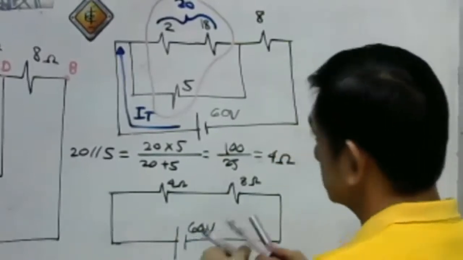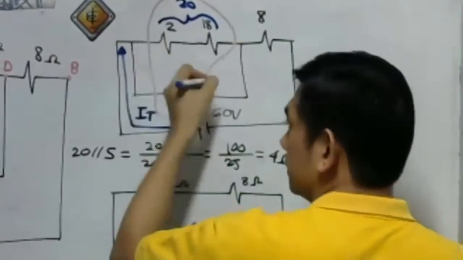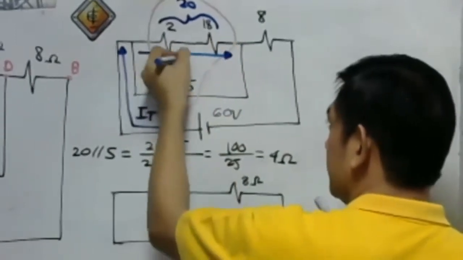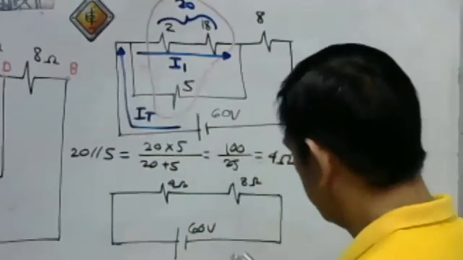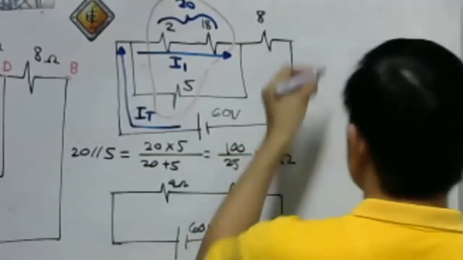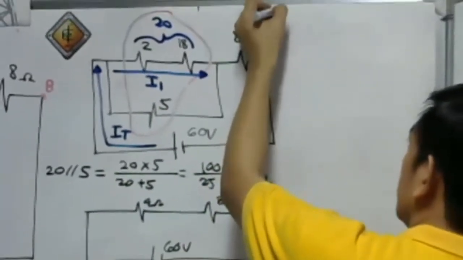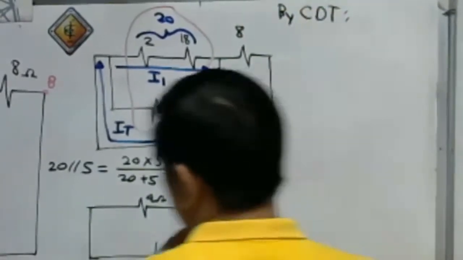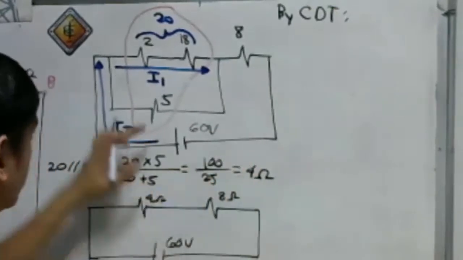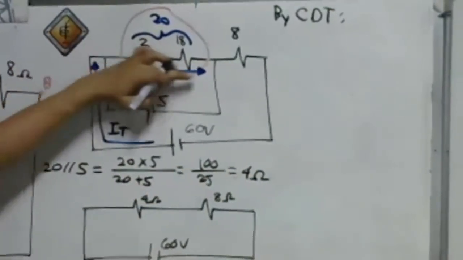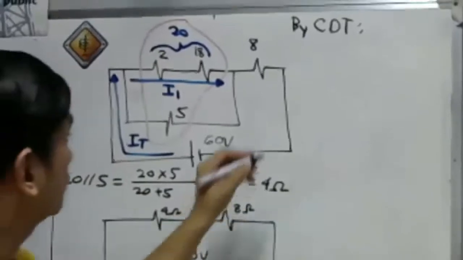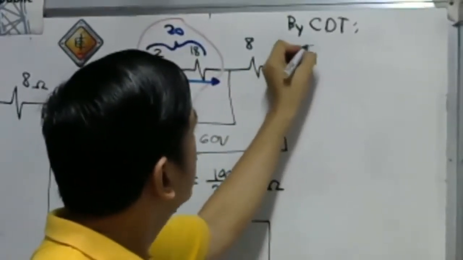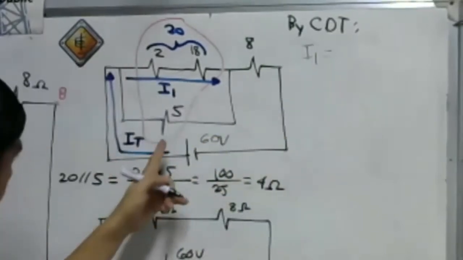Then let us put a current here. I will name this as I sub 1. So by current divider theorem, what is our I sub 1 equal to? This is our I sub 1. That is equal to the resultant current.